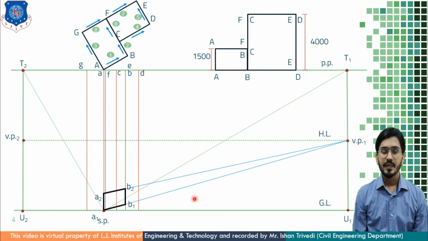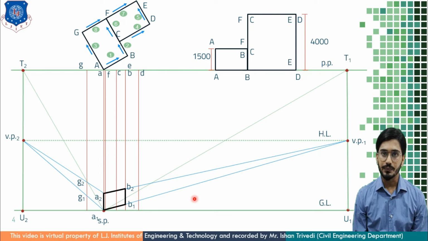So I am putting two lines connecting from A point to G point. You can see here, and I am getting two different points, that is G1 and G2. I am highlighting this shape. So now you have understood how the right hand and left hand side VPs perform in drawing.